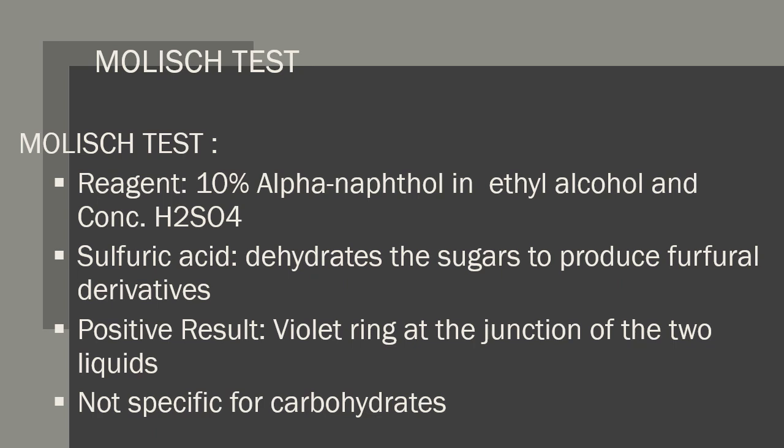Your sulfuric acid is the dehydrating agent to produce your furfural derivatives. Your positive result is a violet ring at the junction. Your furfural will combine with the alpha naphthol to give you that color.